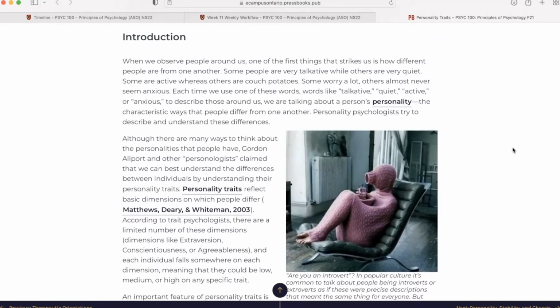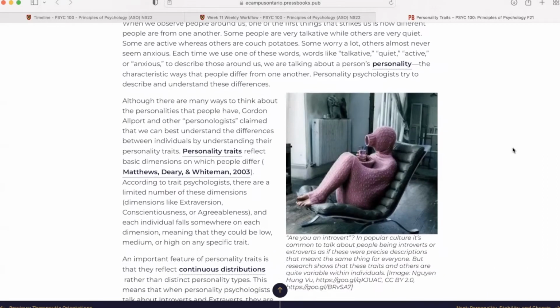Personality psychologists try to describe and understand these differences. Although there are many ways to think about the personalities that people have, Gordon Allport and other personologists claimed that we can best understand the differences between individuals by understanding their personality traits.